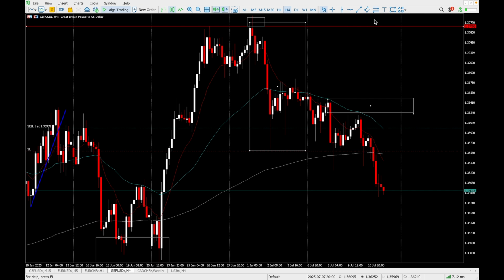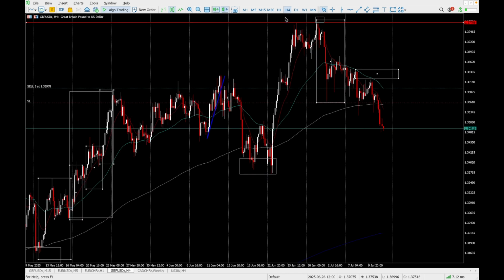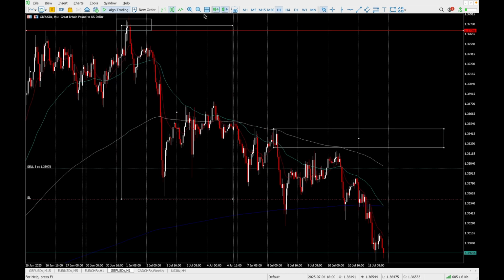So as you can see, what happened here is this move broke the previous structure. After breaking the previous structure, we then had a retracement back to the supply zone, right? We had a retracement back to the extreme, in this case, of this structure. And as you can see from there, after confirmation, that is when I entered the trade. So if we go to the H1, this is what we can see.